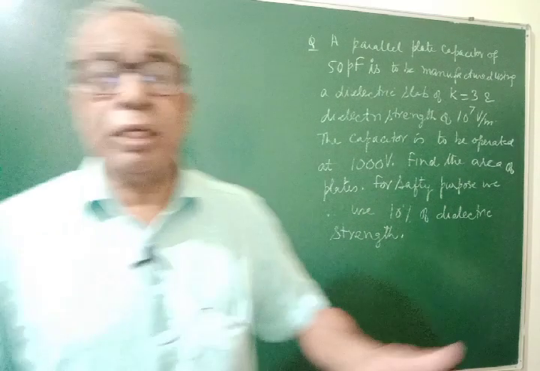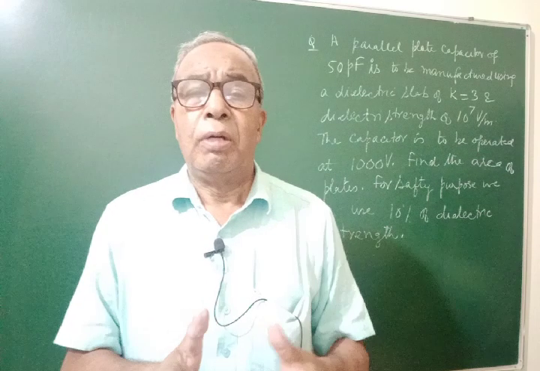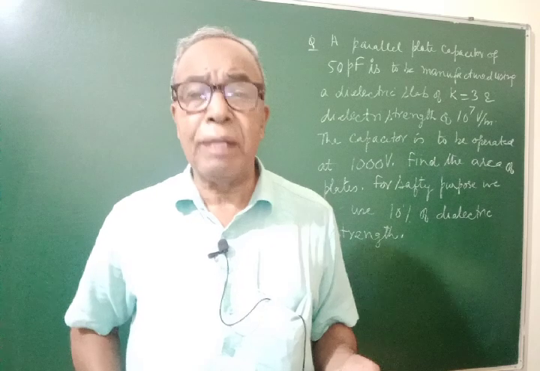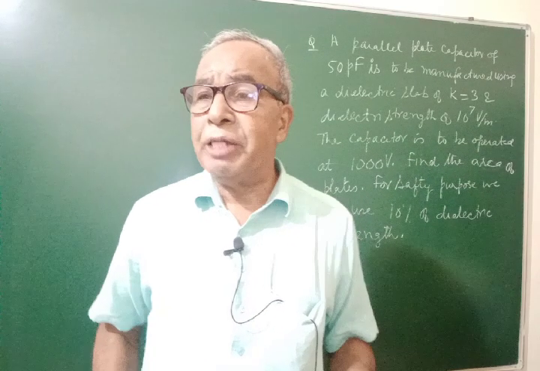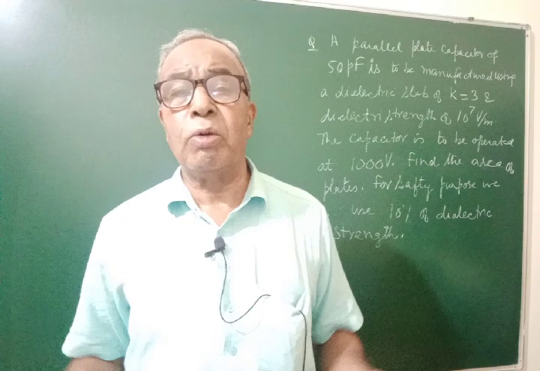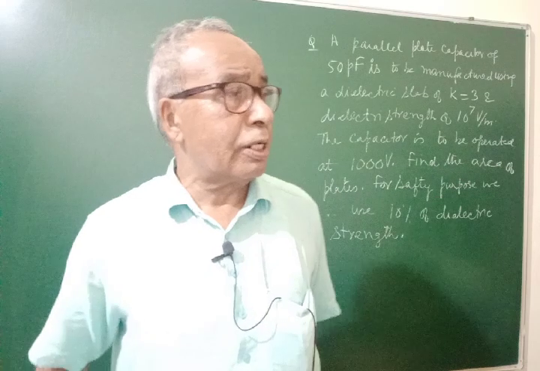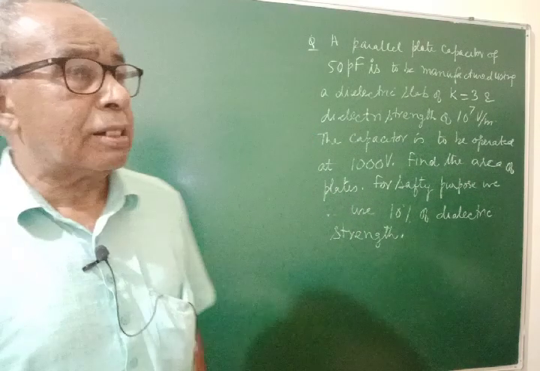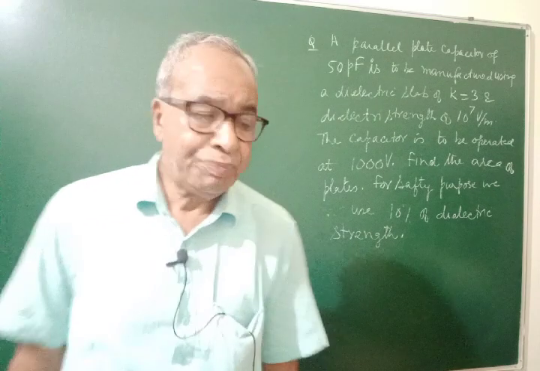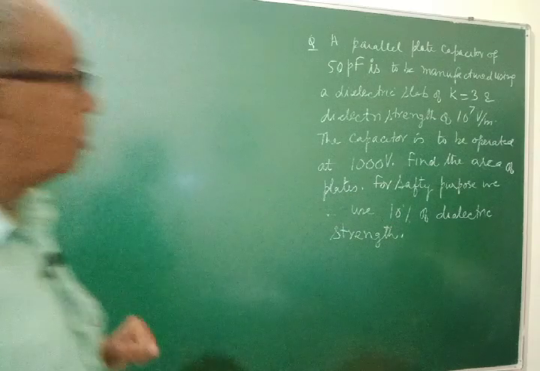If we keep on increasing the potential difference across a given slab, then at a certain voltage the material of the dielectric can be partially ionized, meaning it will produce some ions, electrons come out of the atoms or molecules, and so it starts conducting. That maximum electric field which the dielectric can tolerate without ionizing is called dielectric strength.